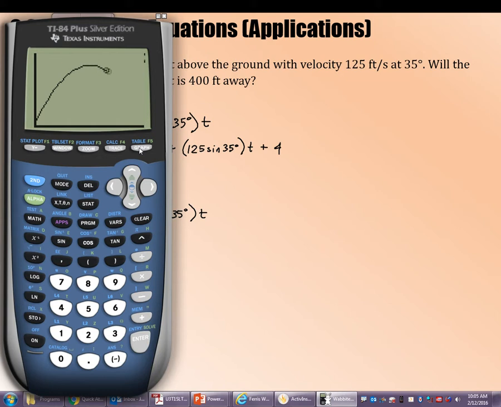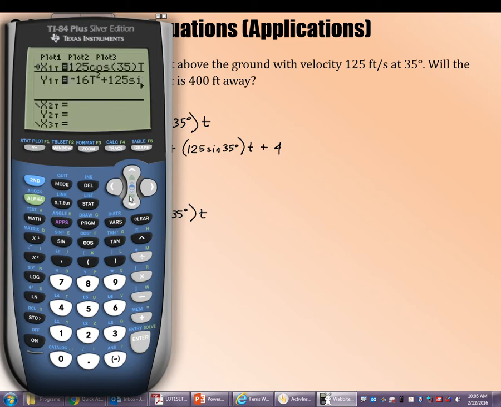How can we get a wall drawn? Just for fun, it would be kind of fun to draw that wall, wouldn't it? Let's put in a second set of parametric equations, the wall, if we can do it. The wall is 25 feet high.